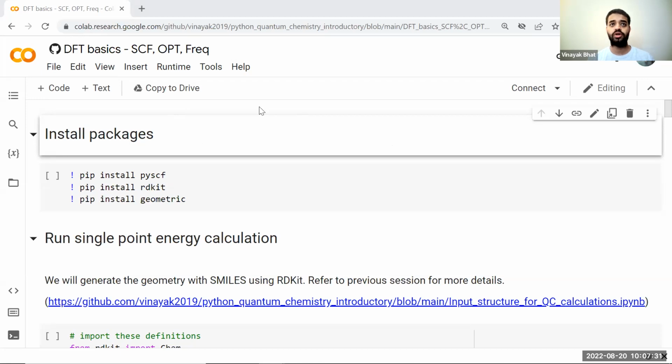So is everyone able to get this page open? Yes. Okay, cool.